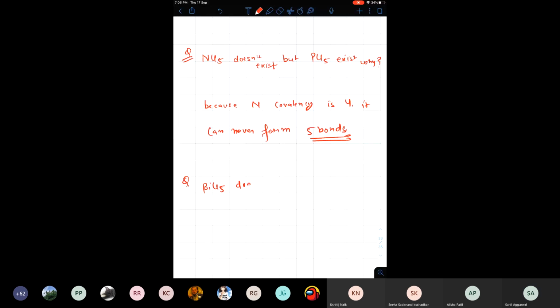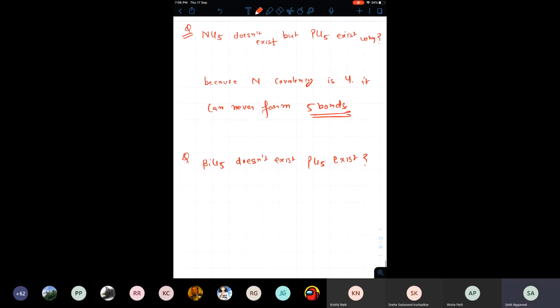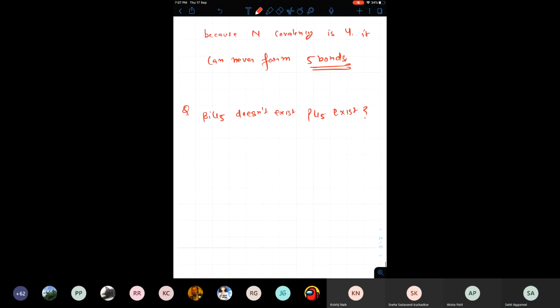BiCl5 does not exist but PCl5 exists. Here what will be the reason? Here we can put the oxidation state.